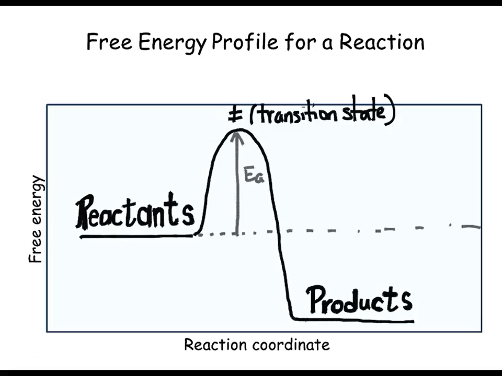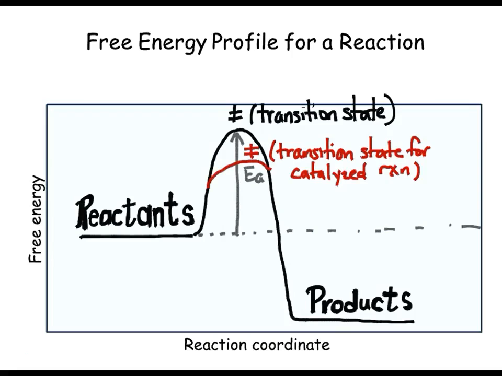The effect that a catalyst has is it lowers the free energy of the transition state. It gives an alternative path for the reaction coordinate. So you can see the catalyzed reaction, there's no red line here, but it's just because it's overlapping with the black line. The free energy of the reactants is unchanged by a catalyst.